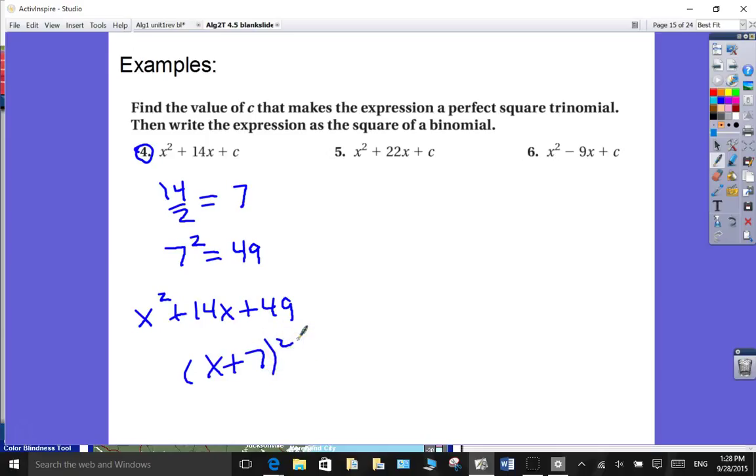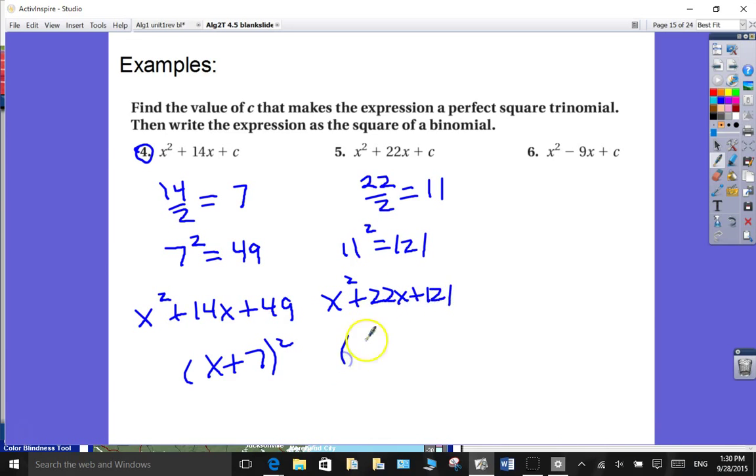Okay, try to do the next one, the number 5. So in the number 5, what was the c? 121, right? You take half of 22 and you square it. So now we have x squared plus 22x plus 121, which is x plus 11 squared.